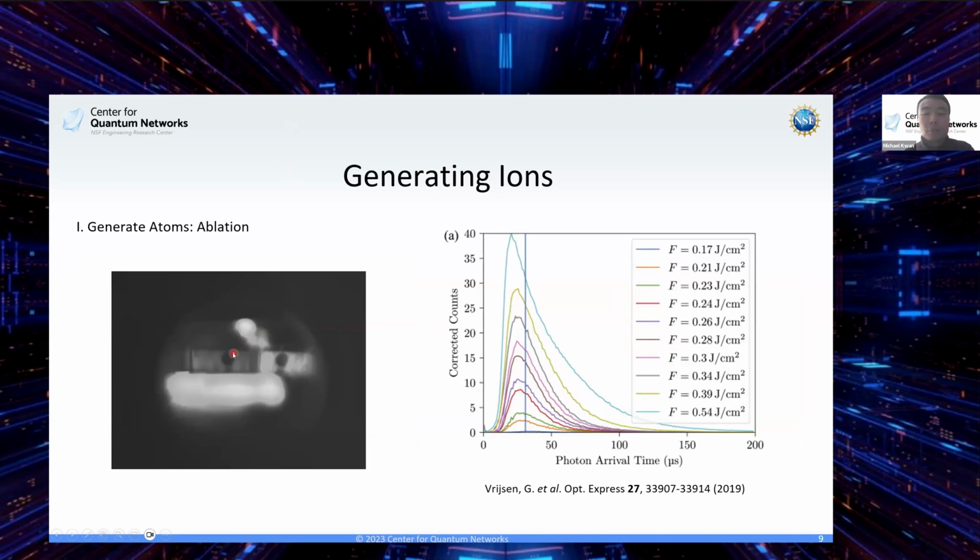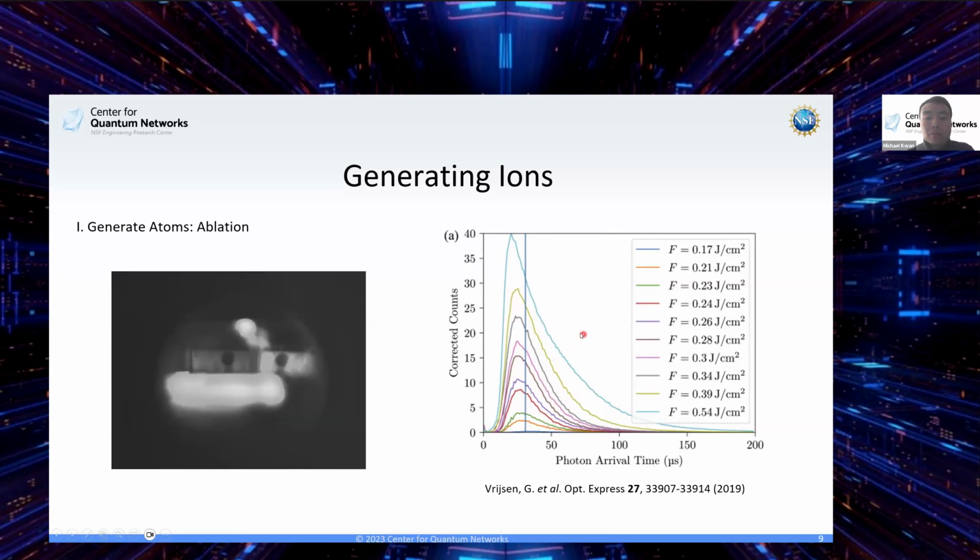Then typically a pulsed laser of millijoules peak power is directed towards the target and sublimates the sample. The threshold fluence at which a sample would sublimate, it's been studied, is around 0.2 joules per centimeter squared and may vary with the atomic source used.